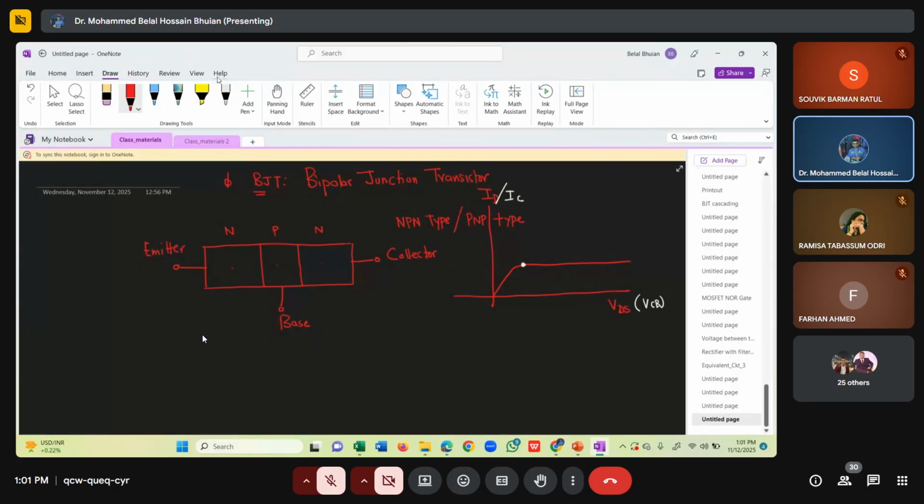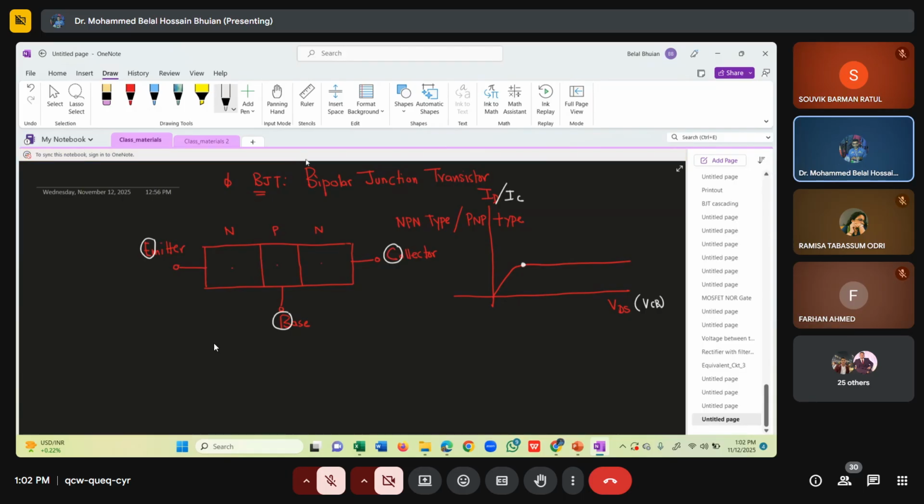In short, we call them E, B, C: emitter, base, and collector. The region next to the emitter terminal is called the emitter region. The base terminal is connected to the base region, and the region where the collector terminal is connected is called the collector region. We're going to learn soon why they are called so.